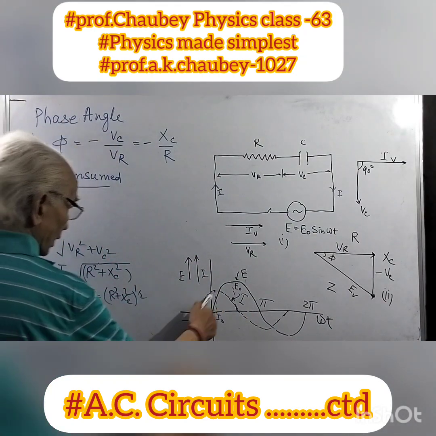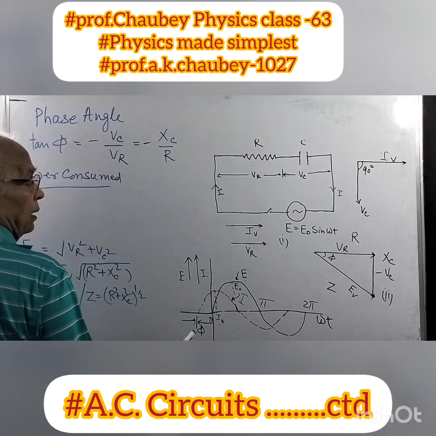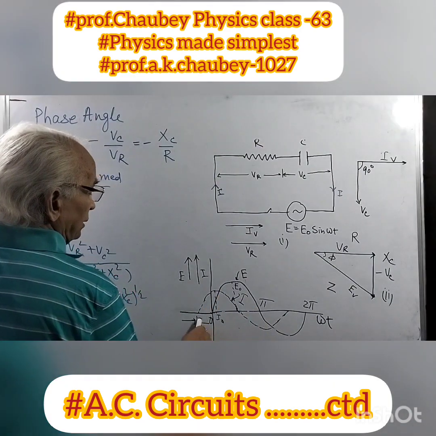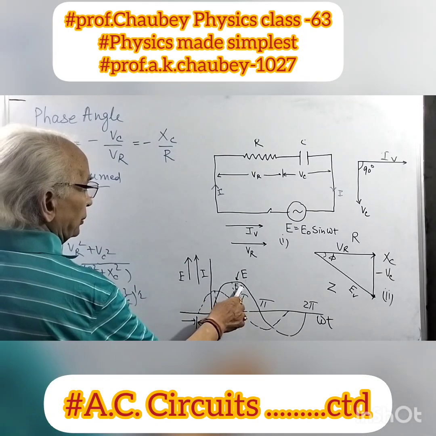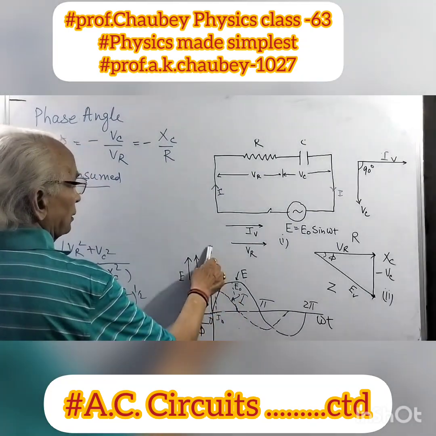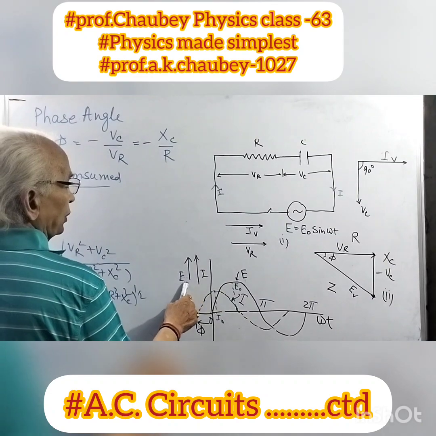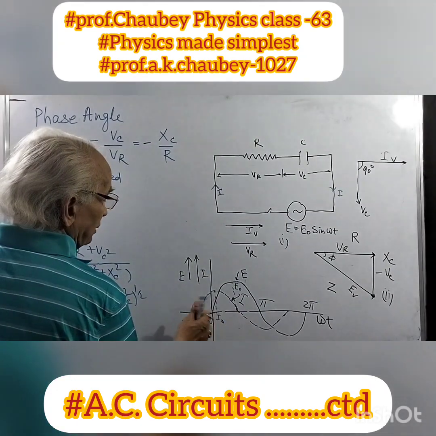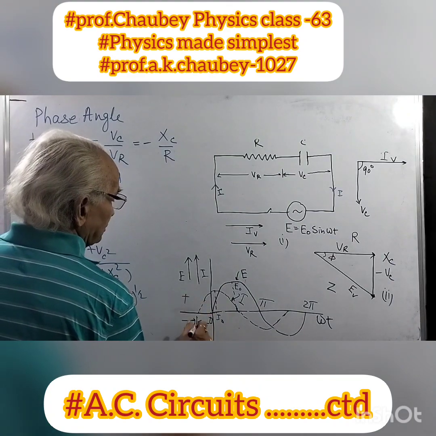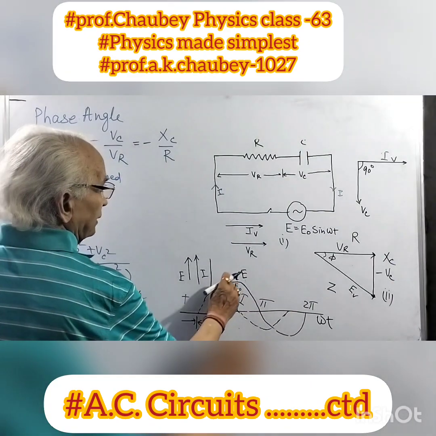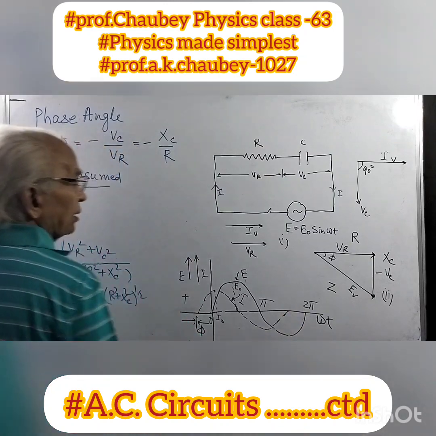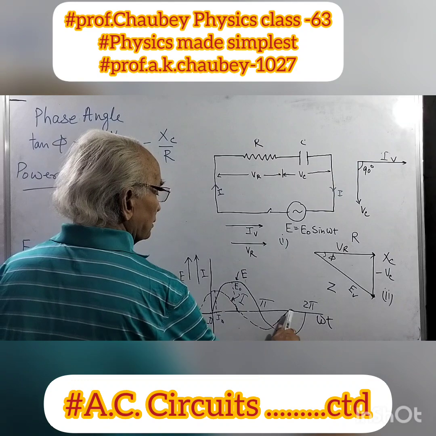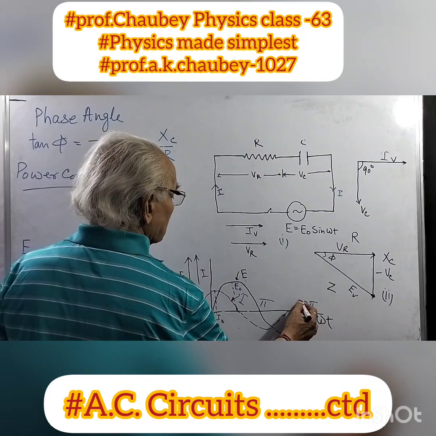So this diagram represents, you can say, the phase diagram of the potential and the current. This is the current I and this is the potential. This is the y-axis showing both potential and current, and this is the plus side, this is the minus side. So for half cycle positive, half cycle negative. So this is the phase difference, the same phase difference, phi.